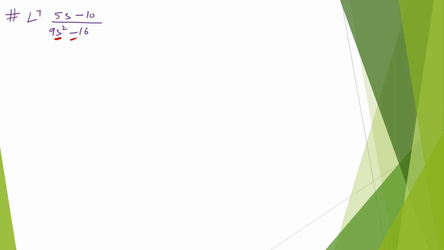For this, we split it as 5s over 9s square minus 16 as the first part, minus 10 Laplace inverse 1 over 9s square minus 16 as the second part.